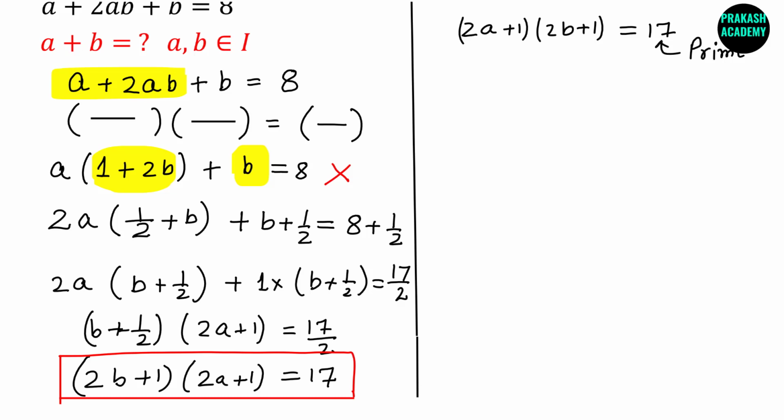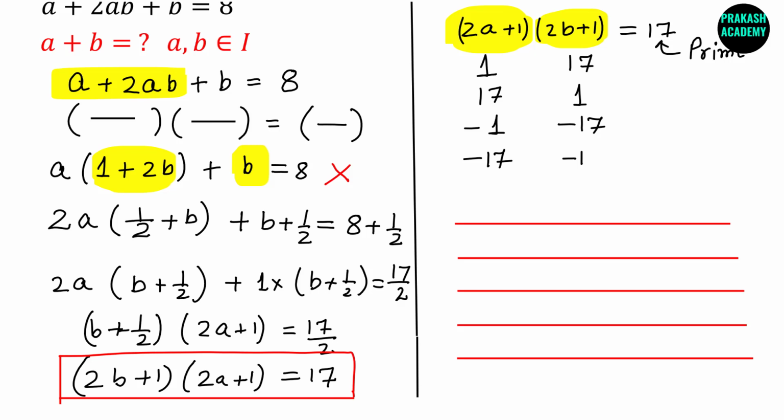So one possibility is that this can be 1 and this can be 17. Another is this can be 17 and this can be 1. Since a and b can be negative integers also, we can also have -1 and -17, or -17 and -1, because if you multiply, this will result in 17.